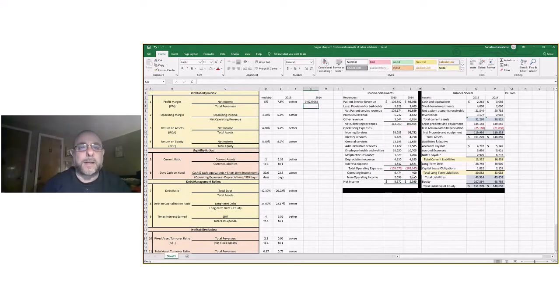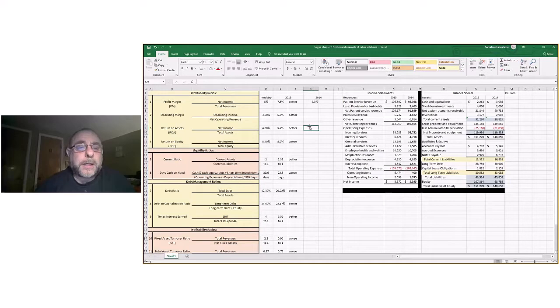They're going to get divided into the numerator, which was the net income. And let me clean this up a little bit. Turn this into a percent, and we're looking at about 2.3%.